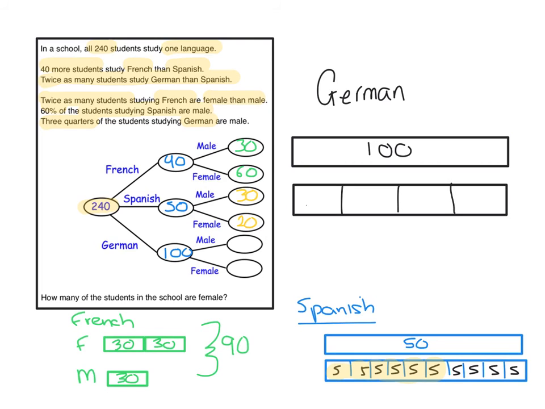So 100 divided by 4 is going to be 25. So 3 of those quarters, 1, 2, 3, is male. So that's actually 75. So 75 are male, meaning that 25 are female.